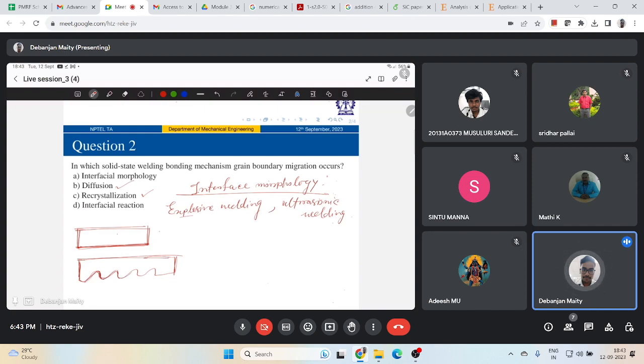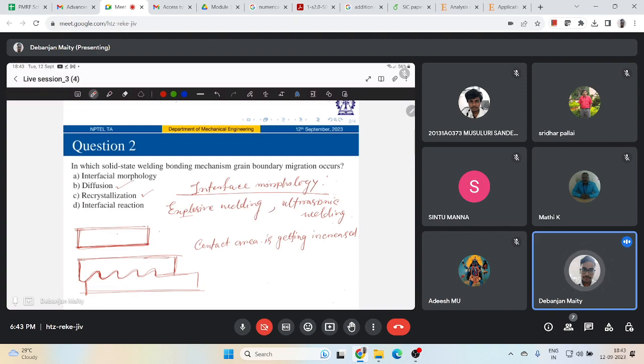There is some kind of interlocking here, is there not? So your contact area is getting increased. This is mostly seen in explosive welding.